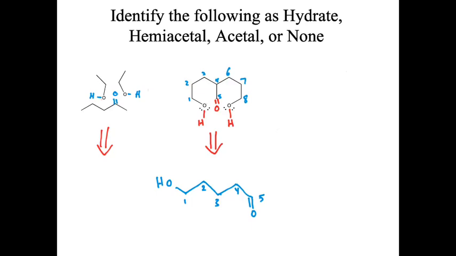Just mark the carbons so that you can identify them. Notice, where's carbon 6? It's connected to carbon 4. So I go to carbon 4, and now I can draw on 6. There's 7. There's 8. There's an OH. This way I've accounted for all of the carbons.